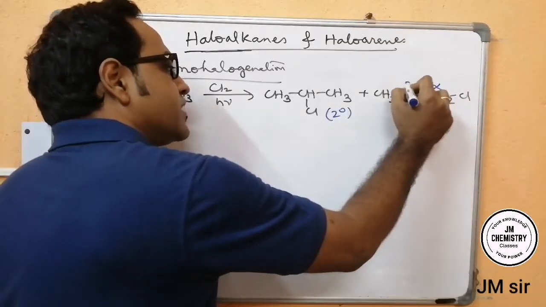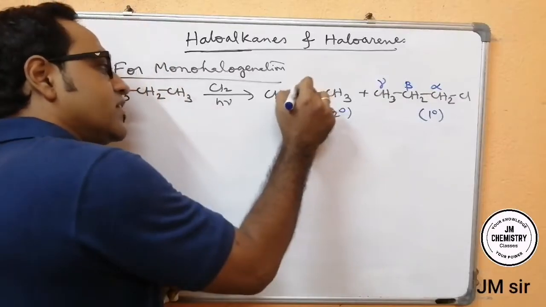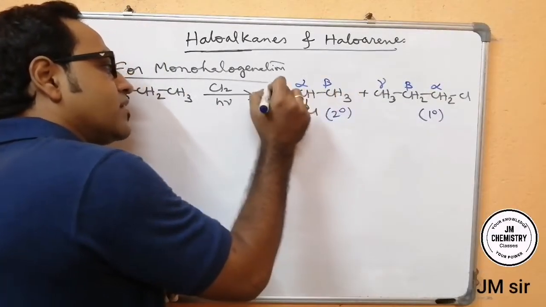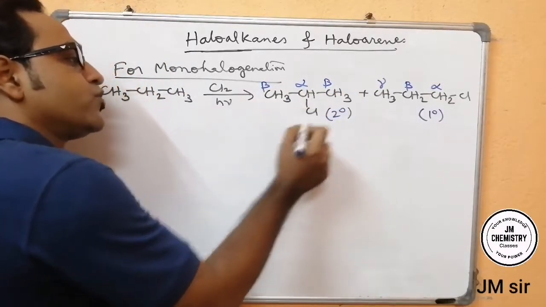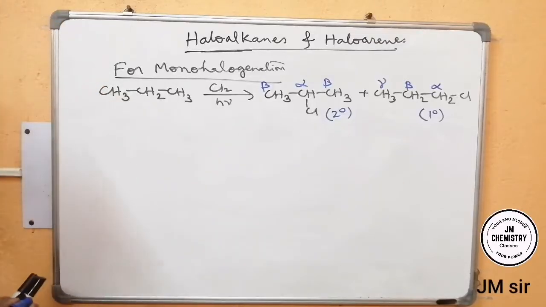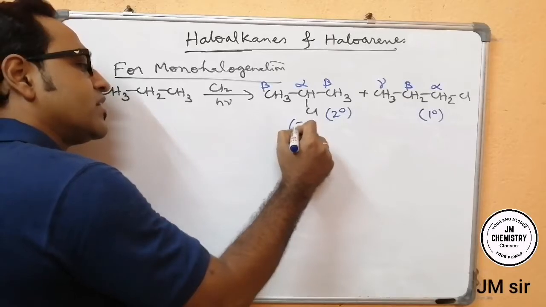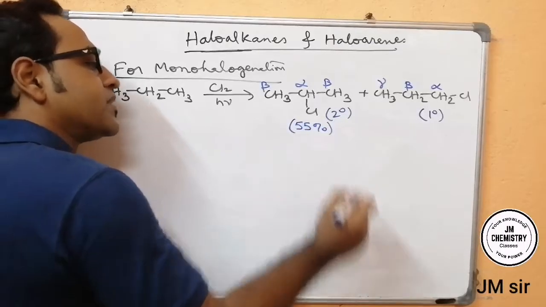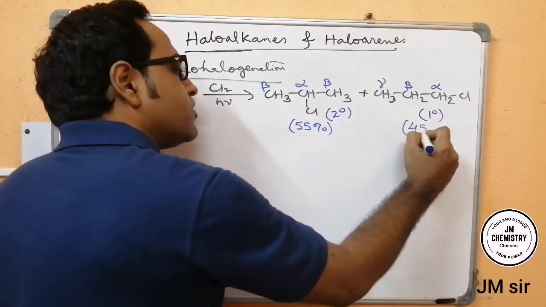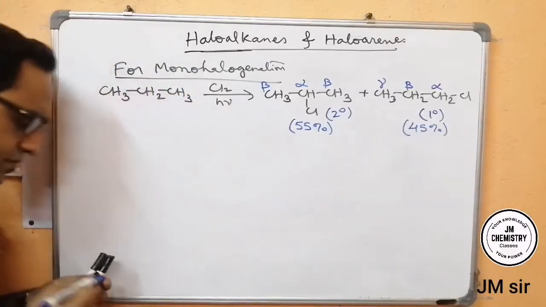Alpha carbon, beta carbon, gamma carbon. Here it is alpha, beta, beta. So we are having 2 beta, so 2 degree. Now the percentage of these two products is, this one is approximately 55% and this one is 45%.